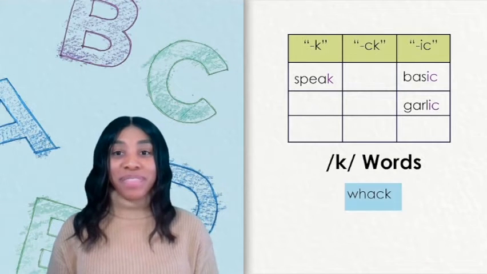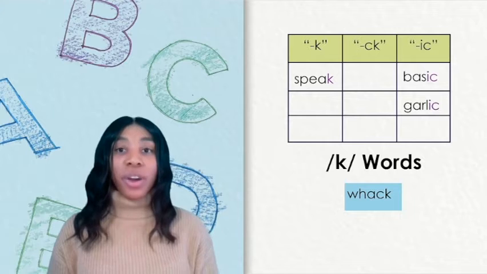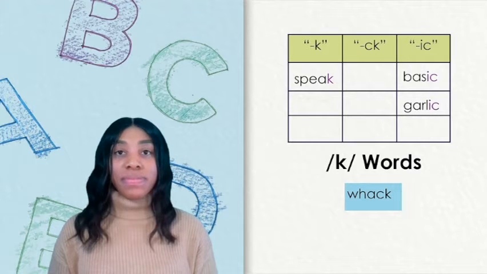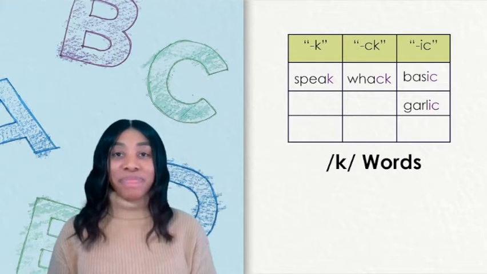Here's another word. Our next word is whack. Would whack go in the K, CK, or IC column? Whack would be placed in the CK column. Here's another word.